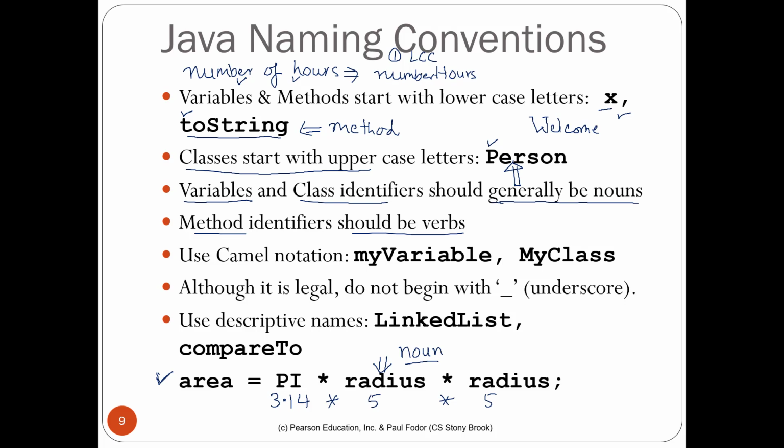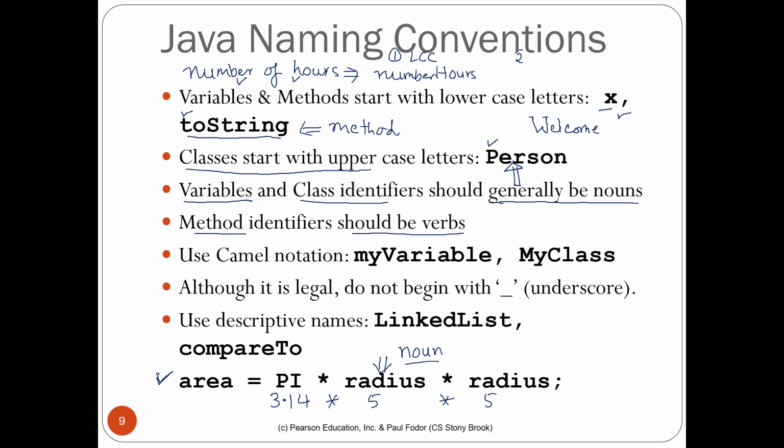This is composite, because it is composed of two words, number and hours, but I need to club these two together. So in lower camel case, the first letter of the variable starts with a lowercase, and the second word of this composite identifier should start with a capital letter. This is lower camel case.